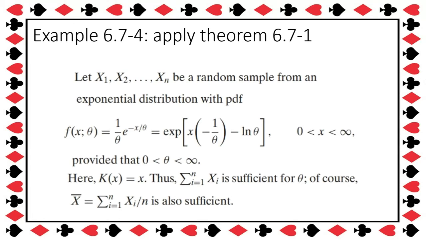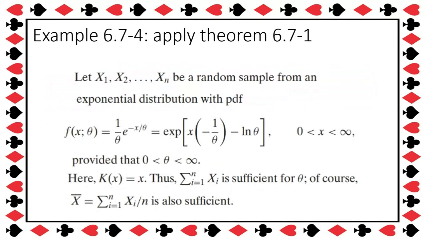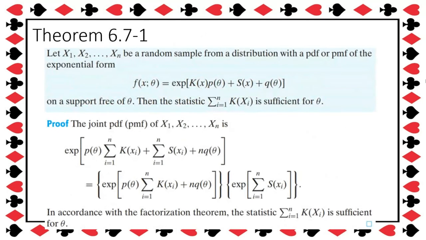In the exponential distribution, theta is the parameter that we want to estimate. Remember before, we had to multiply a bunch of these to get the likelihood function. Now, according to this, we don't have to do that anymore, but you do have to convert it to the exponential form.